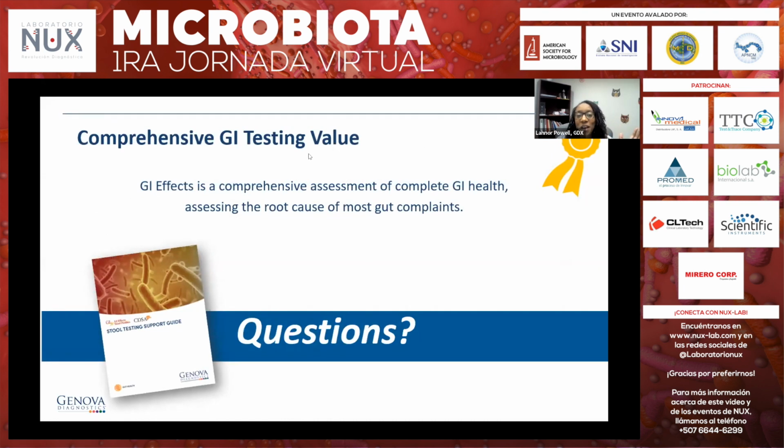Another beautiful testing value here is that we are really trying to get down to the root cause of the majority of gut complaints, but we also use this test to figure out: could skin issues be rooted in GI dysfunction? Could your mood be rooted in GI dysfunction?